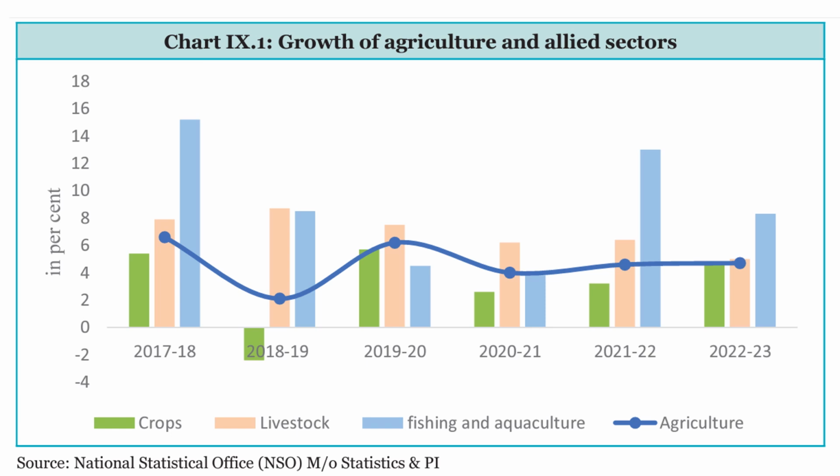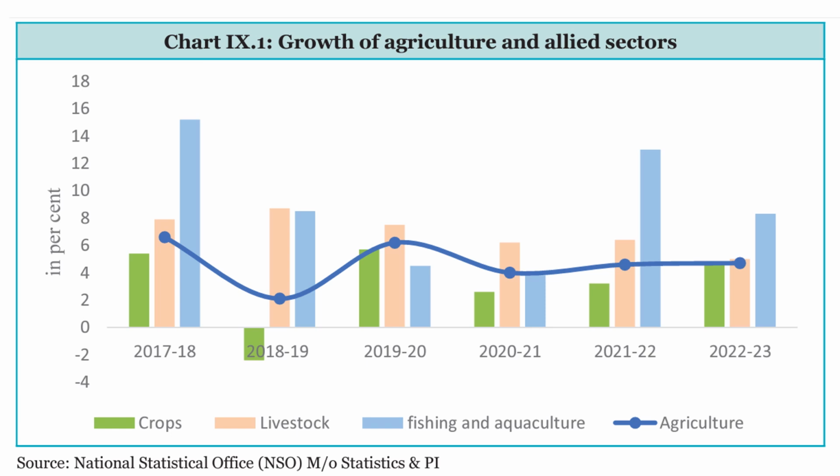Similarly, for livestock, it was at a good percentage. Growth percentage was good in 2017-18, also in 18-19. In spite of COVID-19, growth was good in livestock, but after 21-22, it slightly decreases.